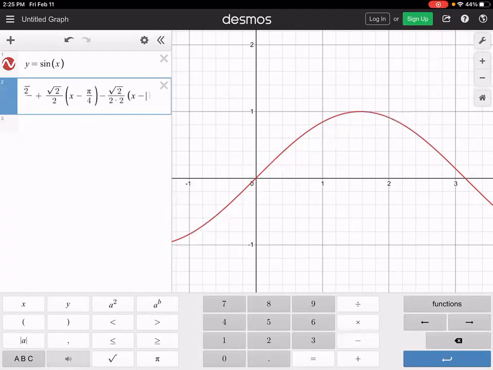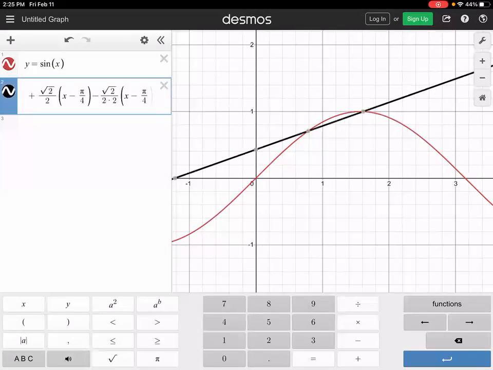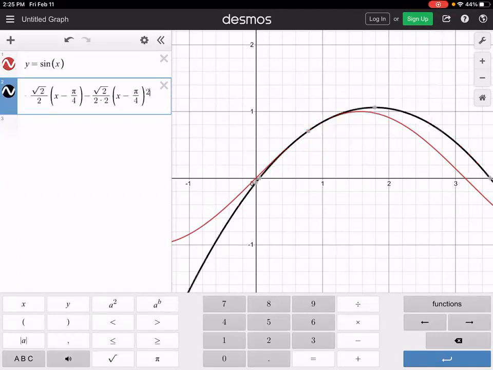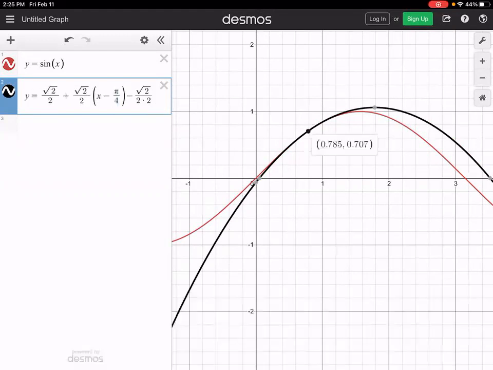Okay. And we're going to raise it to the second. Okay, so notice how at pi over 4 is where we're getting closer and closer to the curve. Okay, eventually we're going to fit closer to that red part over here on both sides of that curve.